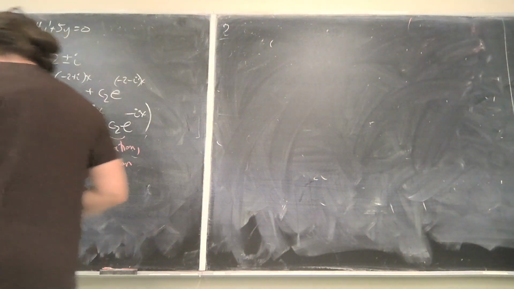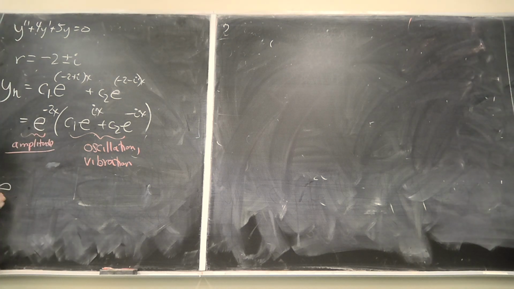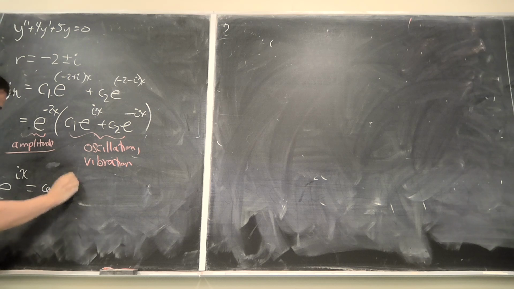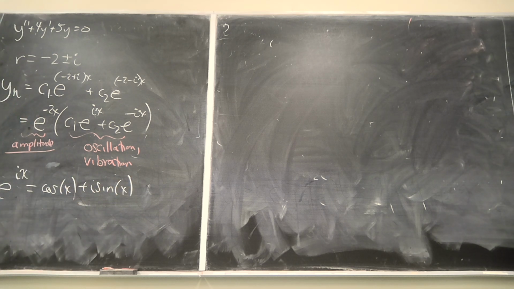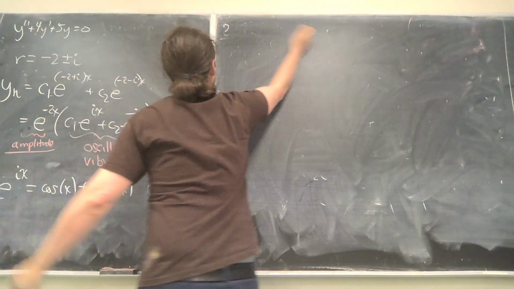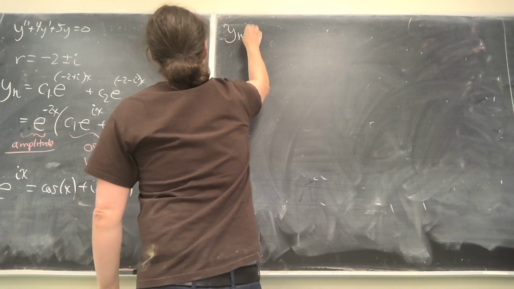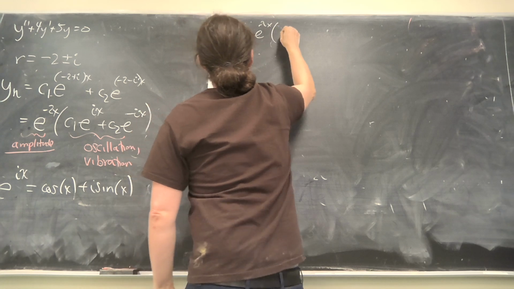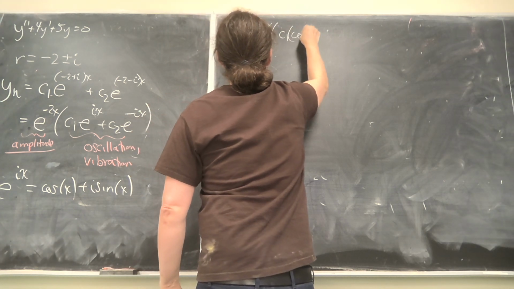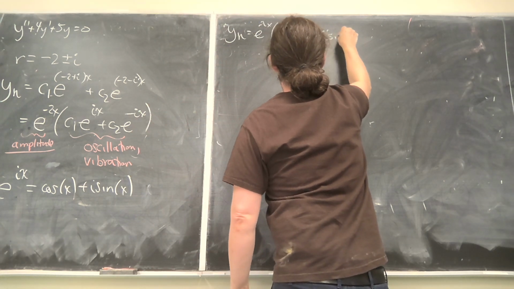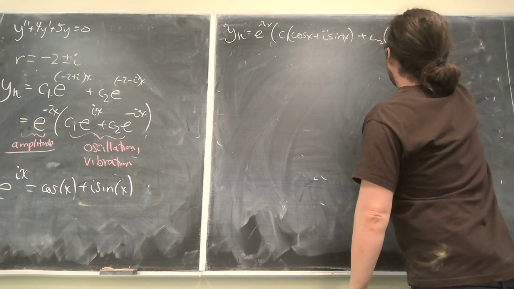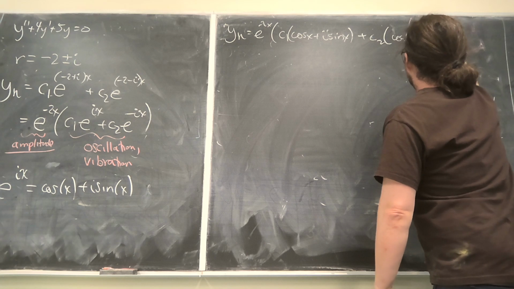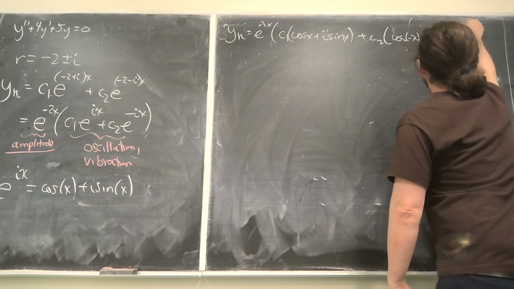So I had you do this on the worksheet last time. If you have e to the ix, you could write that as the cosine of x plus I times the sine of x. So I could take this solution and write it as yh is e to the minus 2x times C1 times the cosine of x plus I times the sine of x, plus C2 times the cosine of minus x plus I times the sine of minus x.